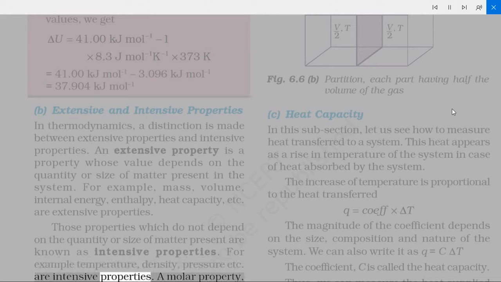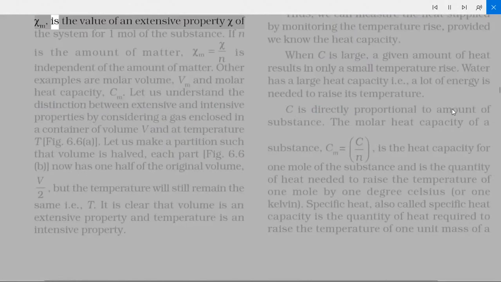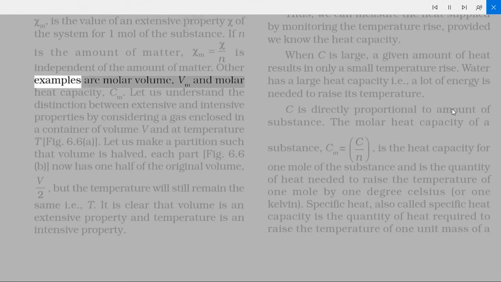are intensive properties. A molar property, Xm, is the value of an extensive property X of the system for 1 mole of the substance. If n is the amount of matter, Xm is equal to X/n and is independent of the amount of matter. Other examples are molar volume, Vm, and molar heat capacity, Cm.